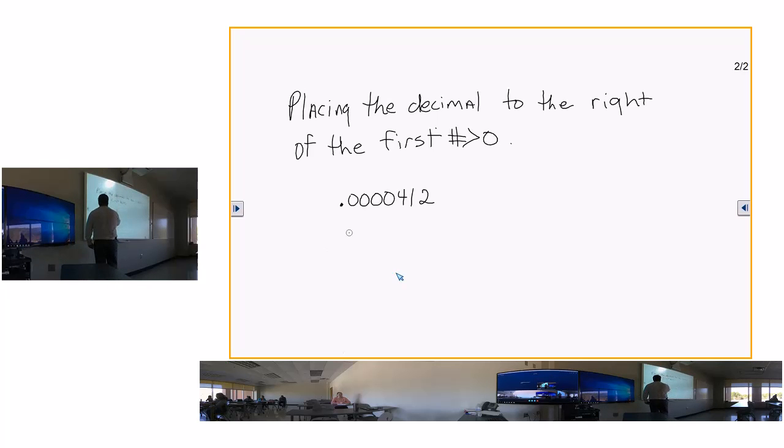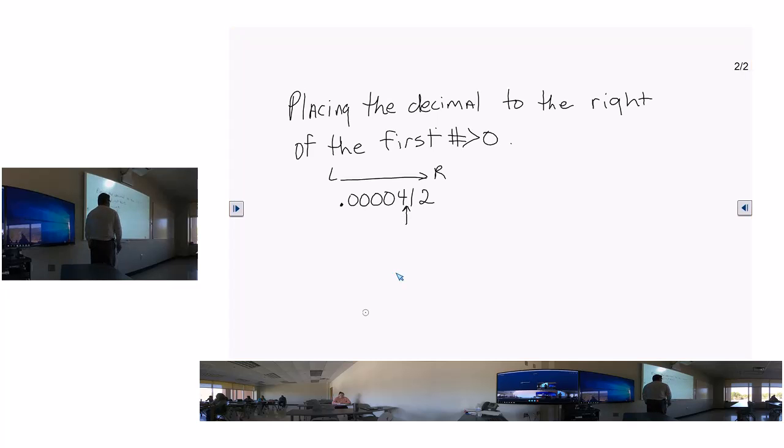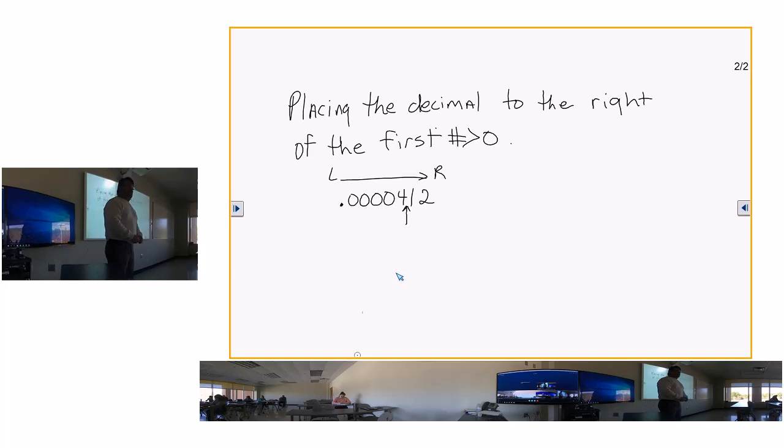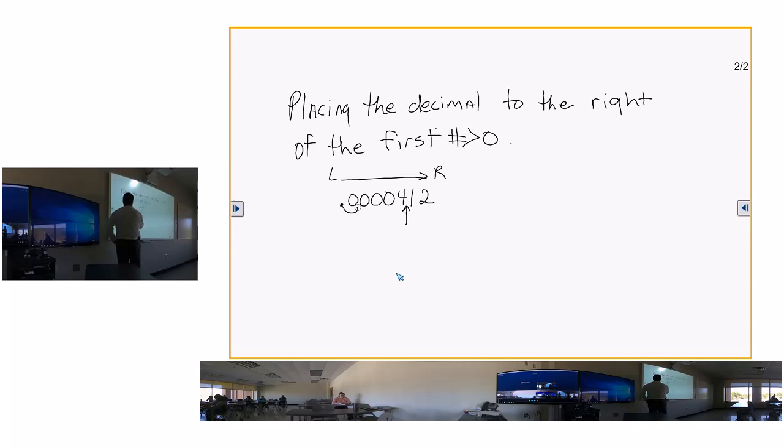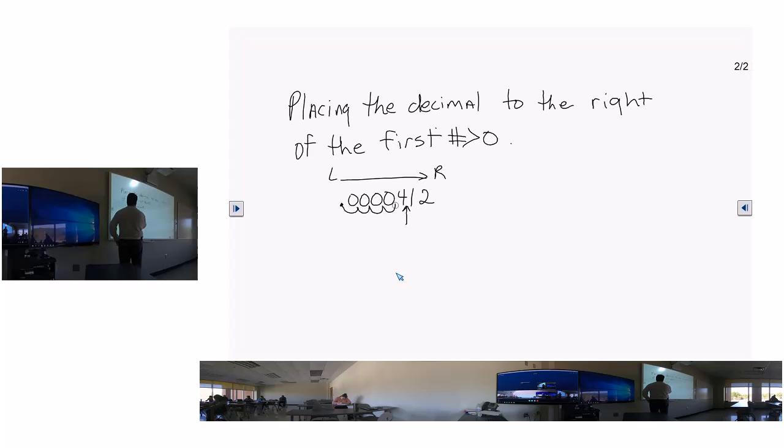All right, left to right. Where's the first number greater than 0? 4. And what am I supposed to do? I'm supposed to put the decimal right there. Now I'm going to do what you said: count the places. So I have to move it 1, 2, 3, 4, 5.